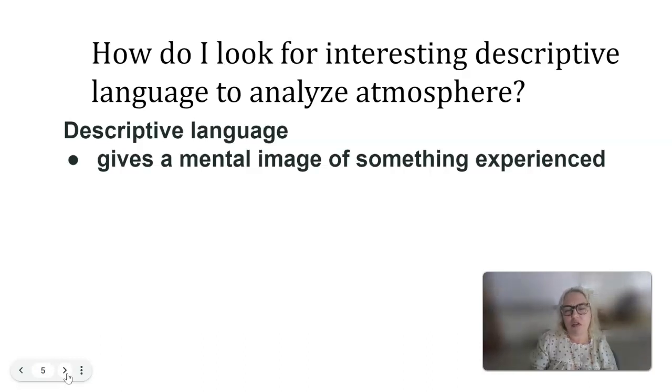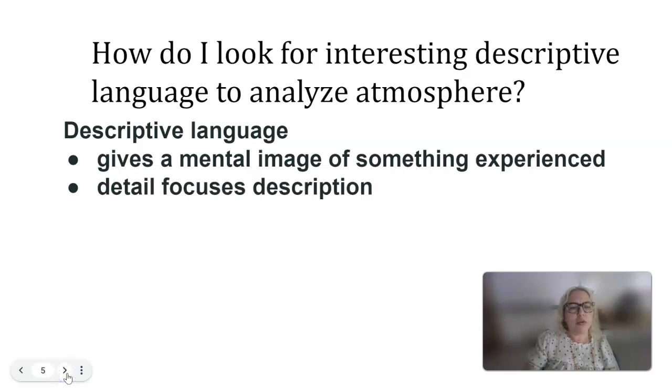I think descriptive language is a bit more general of a term than imagery, but they are very close to each other. And so you're looking at the details that are included in the descriptive language, because detail focuses description, and it allows a writer to create certain feelings in the reader, and those then work towards creating meaning.